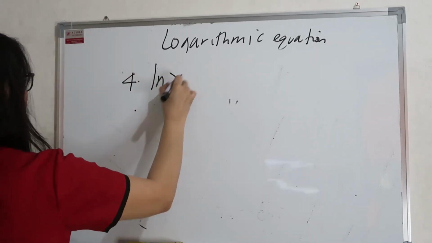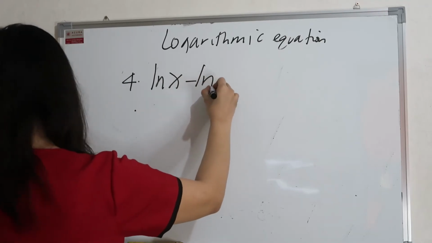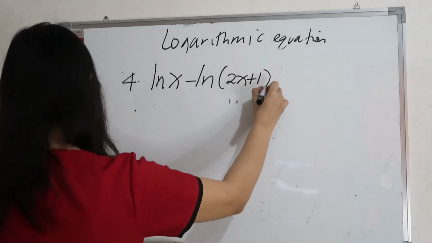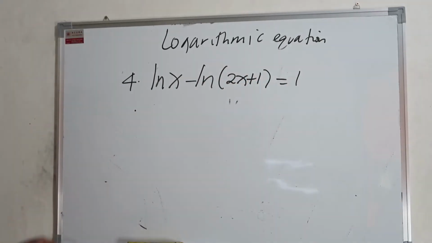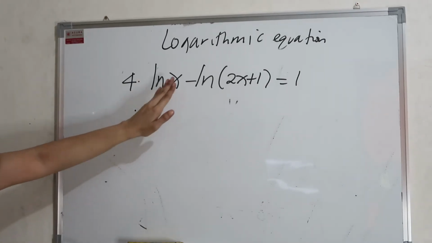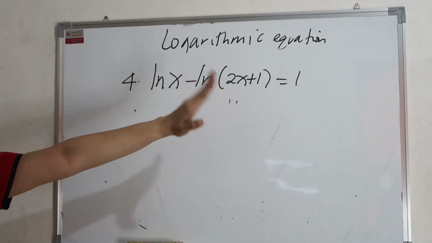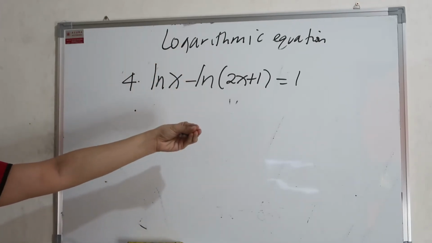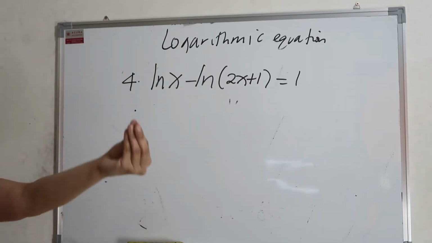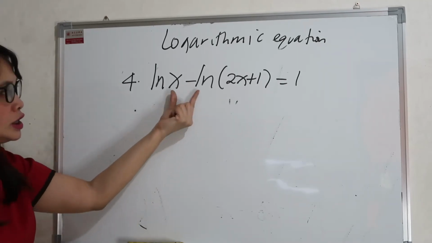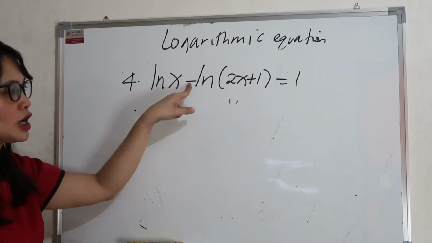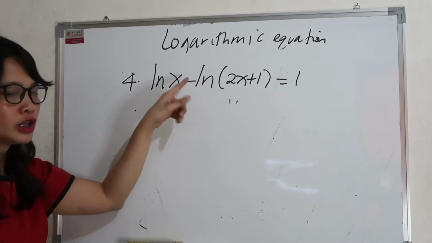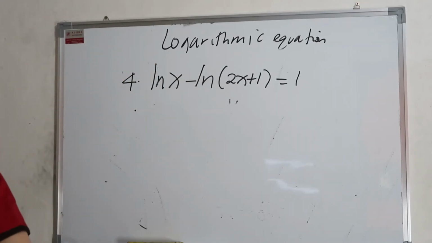So we have ln of x minus ln of 2x plus 1 equals 1. So we need to apply the properties of logarithm. Logarithm and ln have the same properties. So if you have noticed, the operation given in this one is subtraction. Okay? So kapag subtraction, ano yung counterpart niya sa properties ni logarithm?